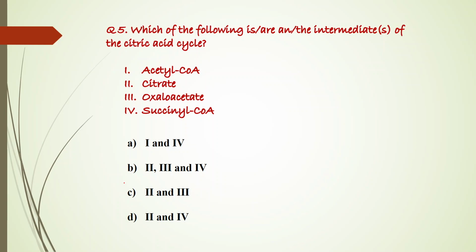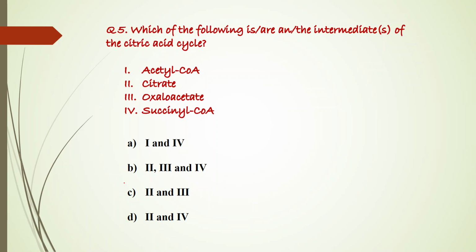So the fifth question is, which of the following is or are the intermediates of citric acid cycle? So you know your TCA cycle. Now you need to identify out of these 4 that are written: acetyl coenzyme, citrate, oxaloacetate and succinyl coenzyme.